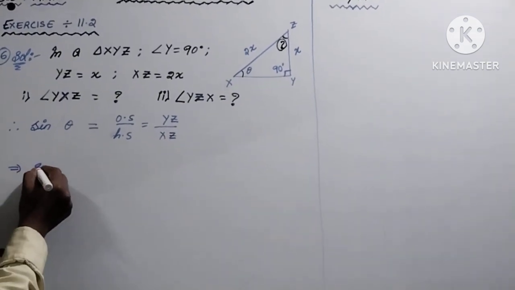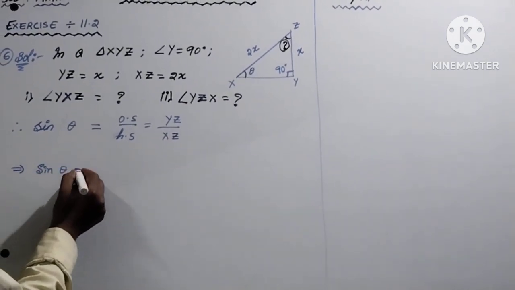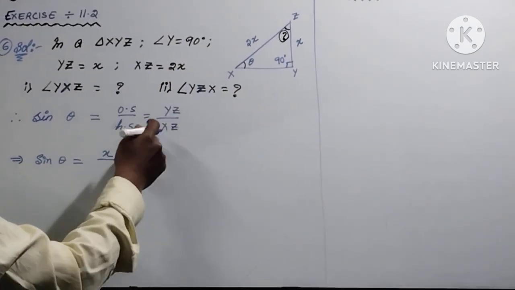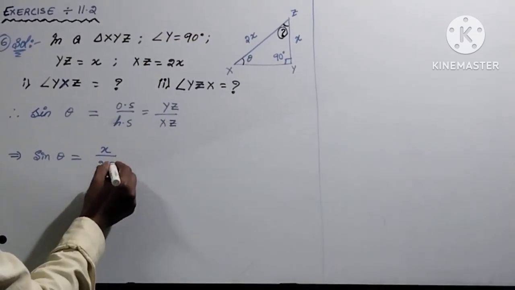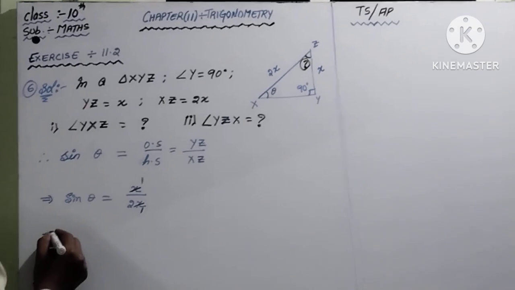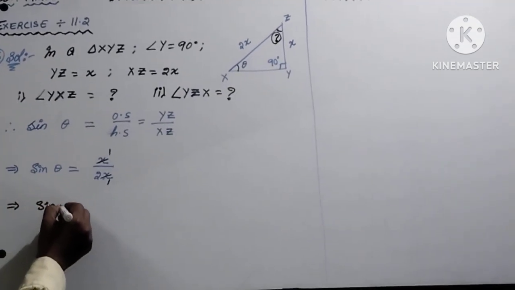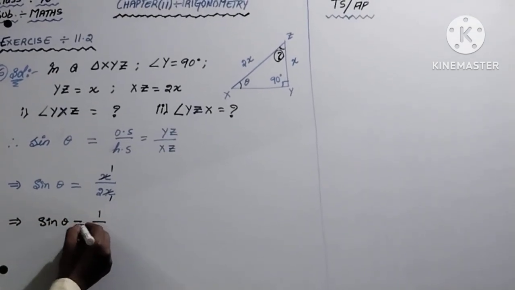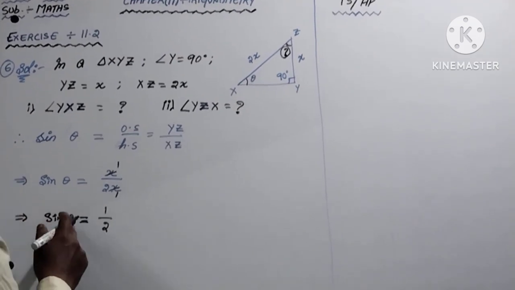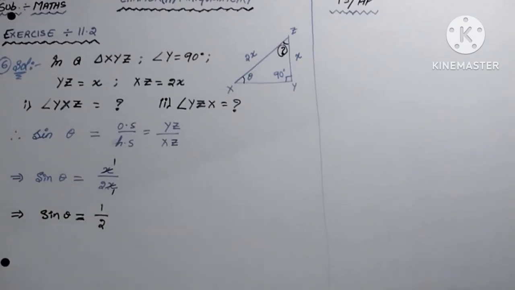Let's take the values. Sin theta equals YZ, which is x, divided by XZ, which is 2x. The x's cancel, so sin theta equals 1 by 2. In sine, where do we get 1 by 2?